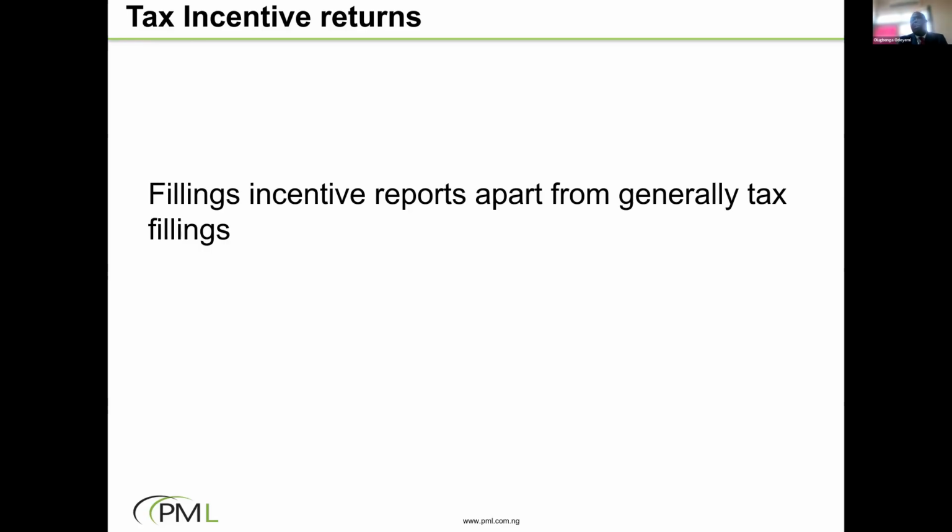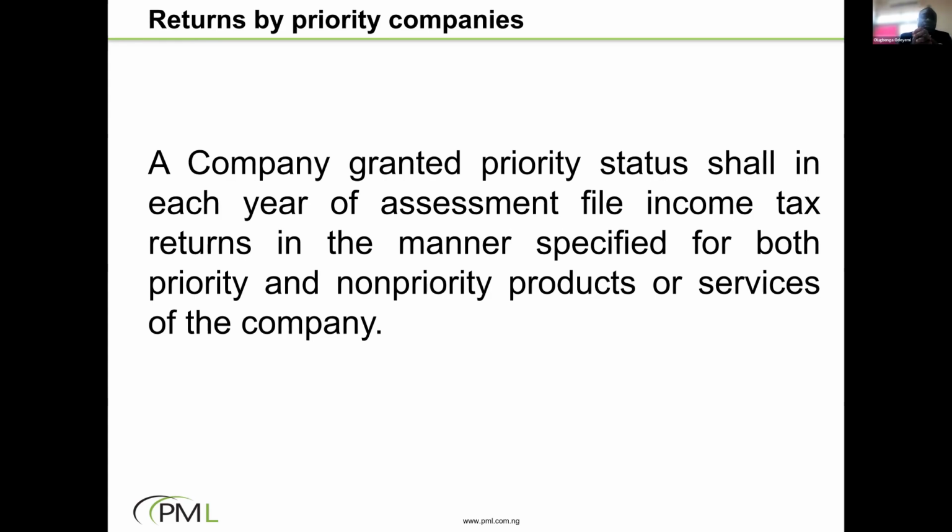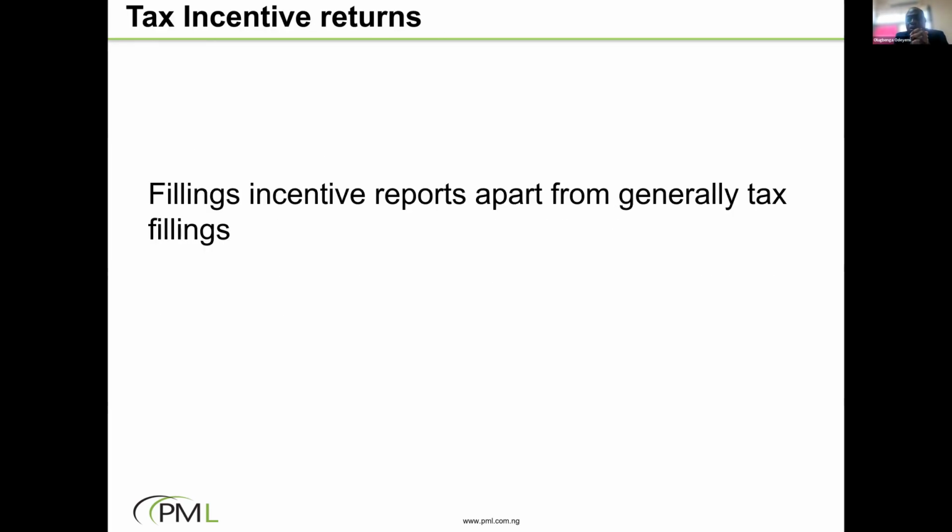Filing an incentive return, apart from generally the tax filing. Then there's the return for deduction of tax at source. It's expected that every person who has an obligation to deduct and remit tax under this act or any other tax legislation shall render monthly returns to the appropriate tax authority.